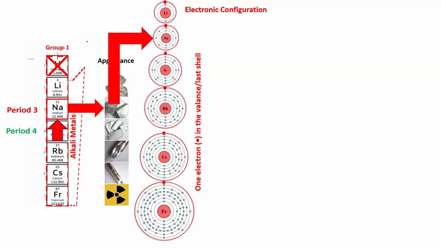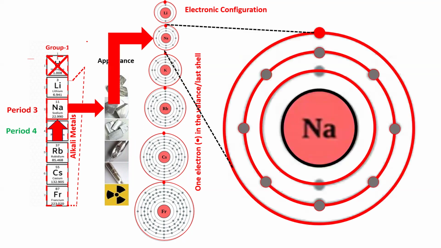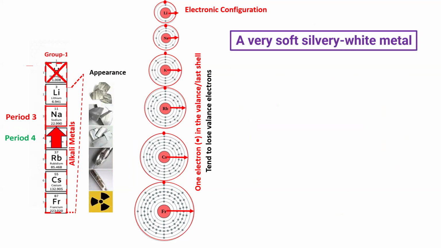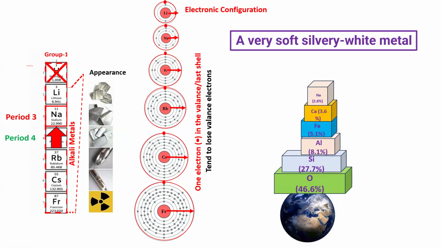So sodium metal, like all other alkali metals, it is having one electron in the last shell as well, and it wants to lose this electron to become an electropositive cation. So this white soft silvery metal tends to lose electrons like all other alkali metals. And this is a key feature, as I have discussed before.